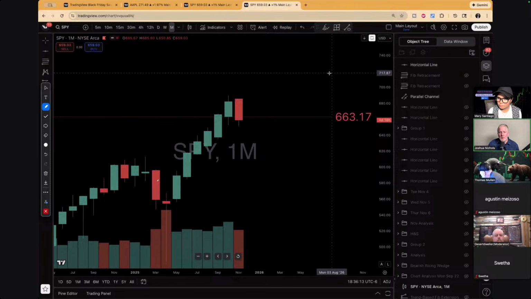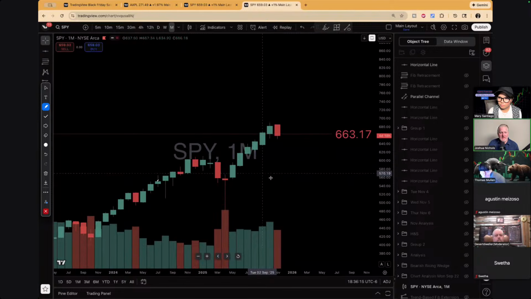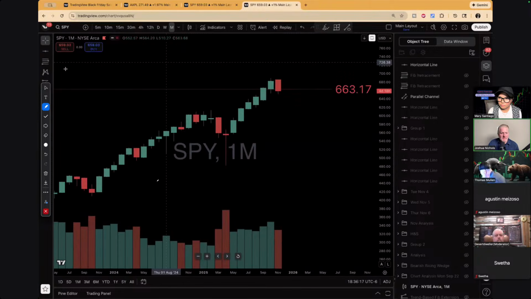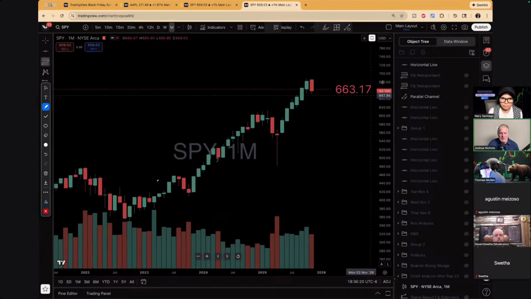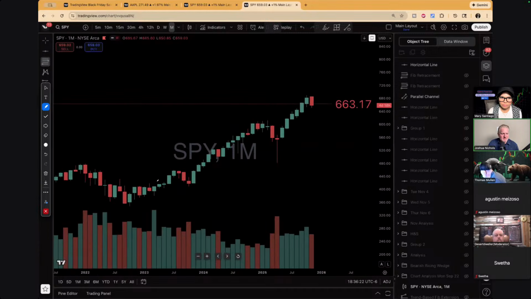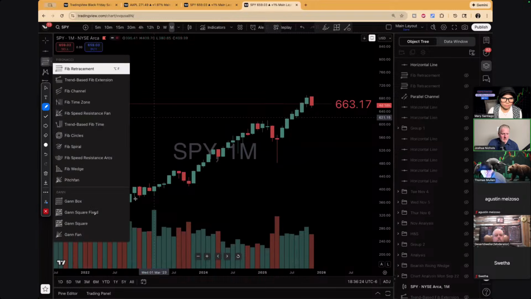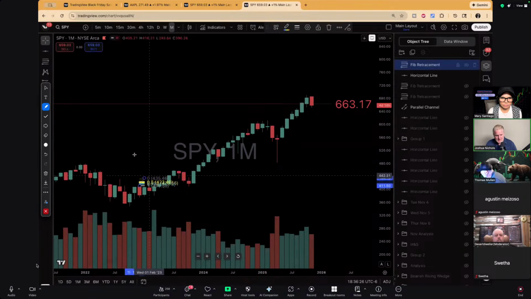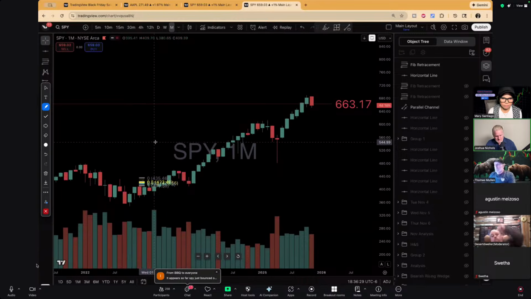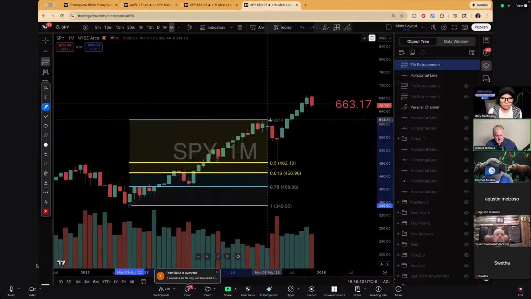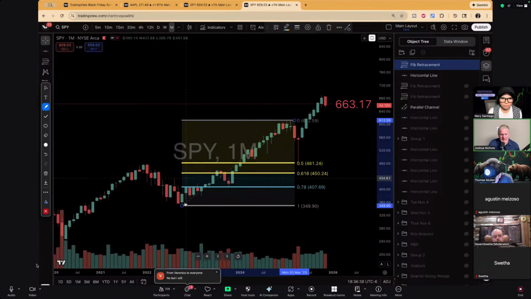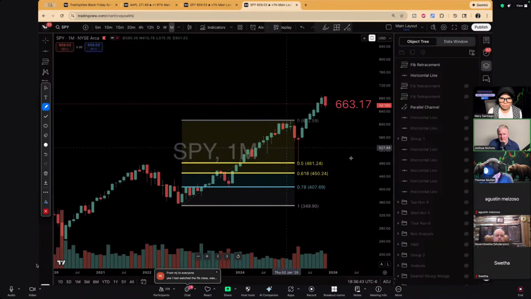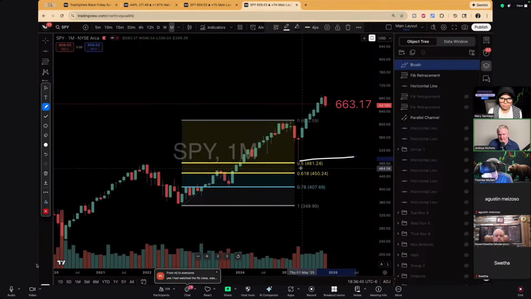And I want to make one more point. I covered this. Let me know if you guys watched that Fib class, but I'm going to show you what I showed in that class. So we have here from this pivot low to that pivot high, you can see that the price jumped right on this 0.50 fib level.